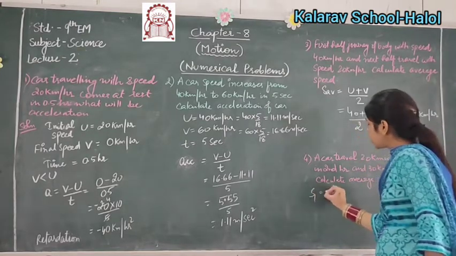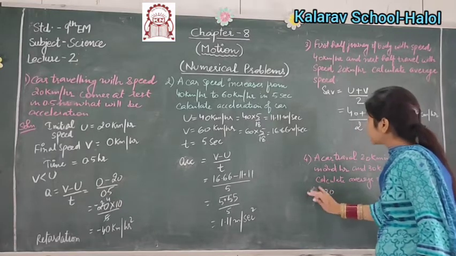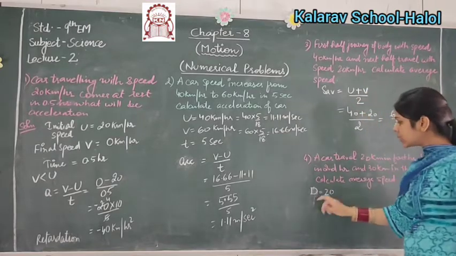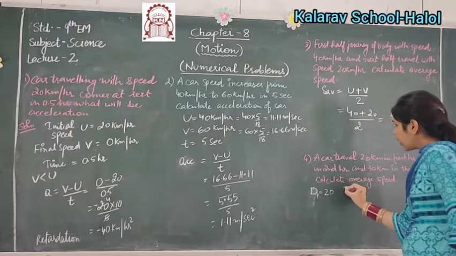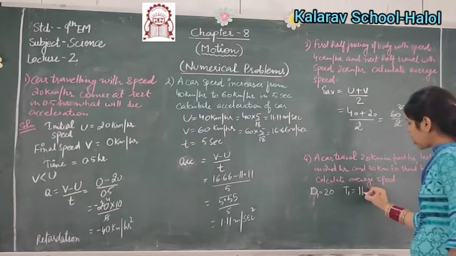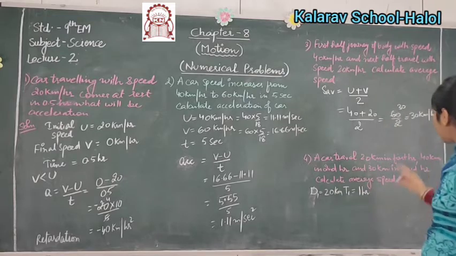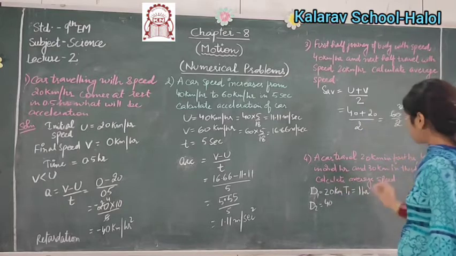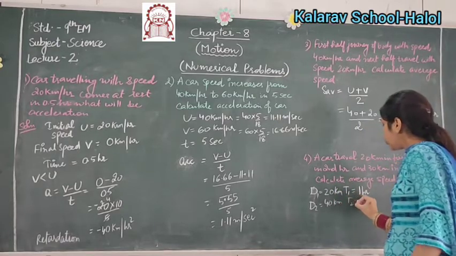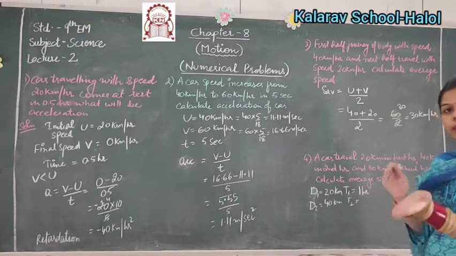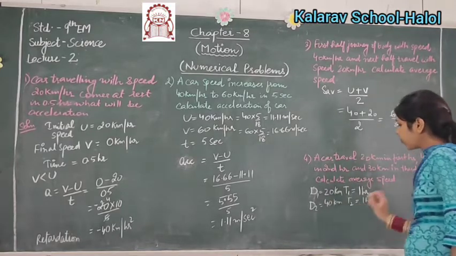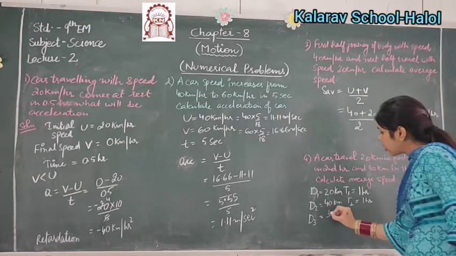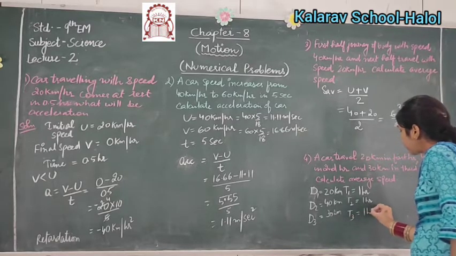Next: a car traveled 20 kilometer in the first hour. So d1 is 20 kilometer, the distance, and t1 is the first hour. Next, d2 is 40 kilometer and t2 is the second hour, that is 1 hour. d3 is 30 kilometer and t3 is 1 hour.